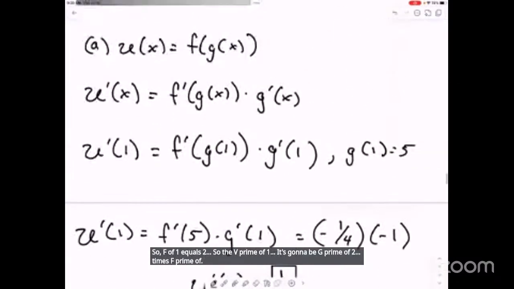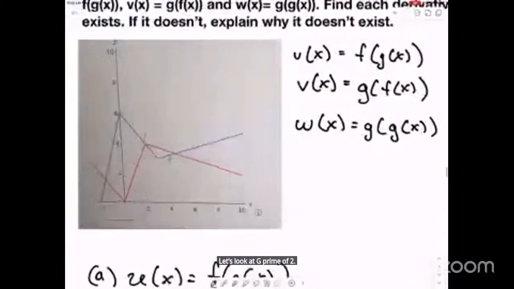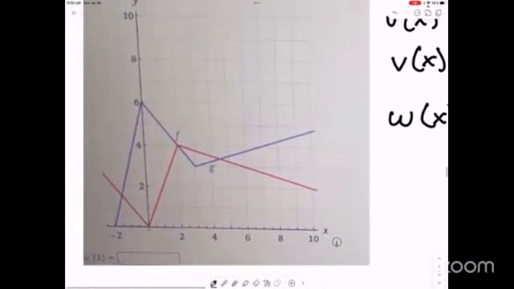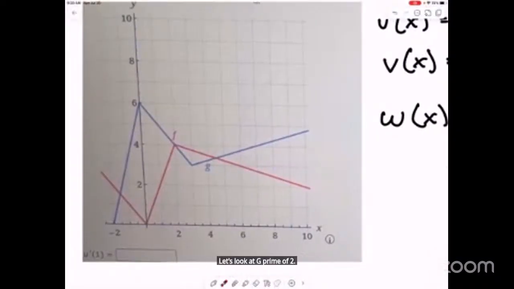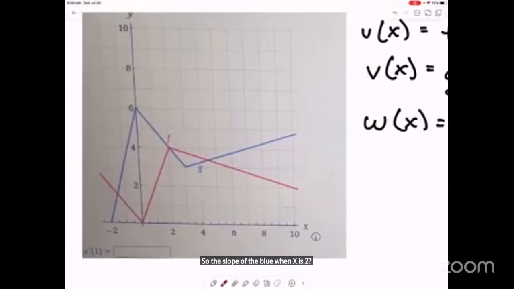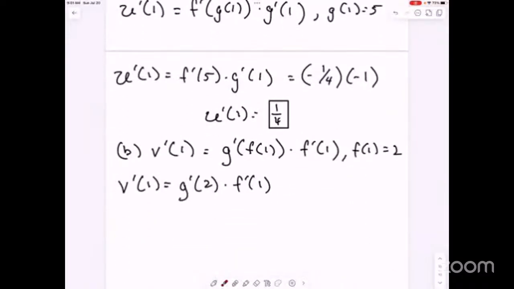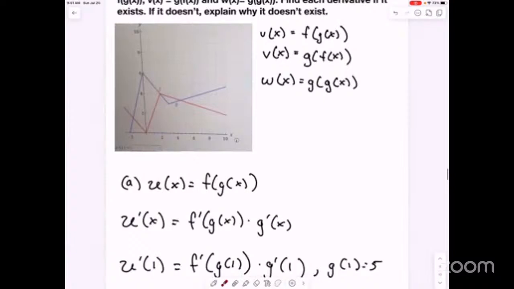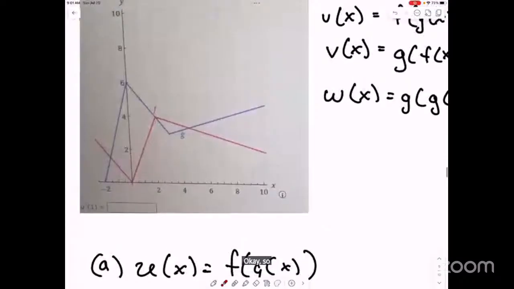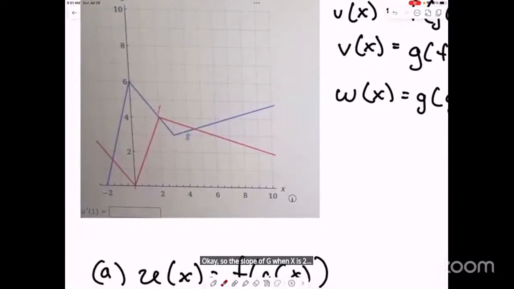Okay, let's look at g prime of 2. So x is 2, g is our blue. So the slope of the blue when x is 2, let me make sure I'm doing that right. Okay, so the slope of g when x is 2, we go down 1, 2, 3. It looks like it's a negative 1.